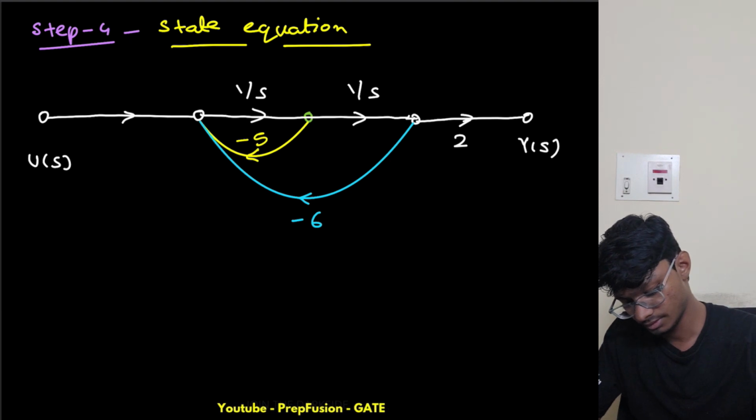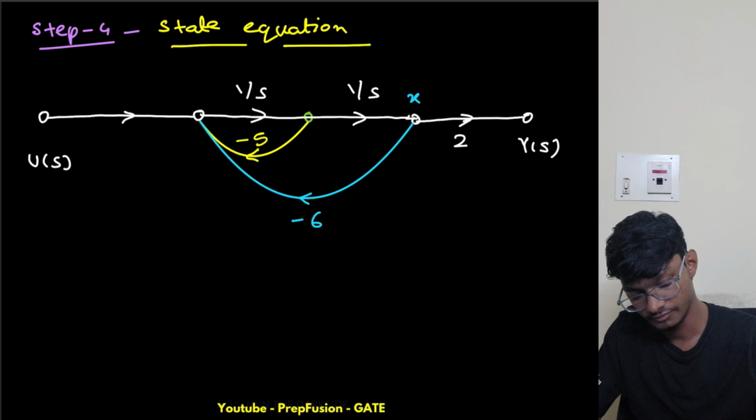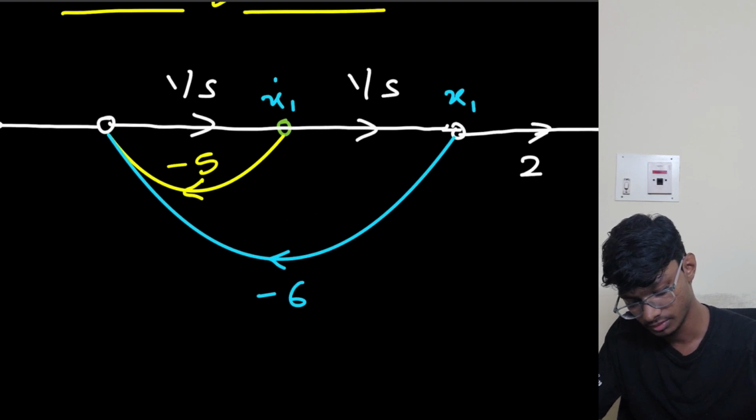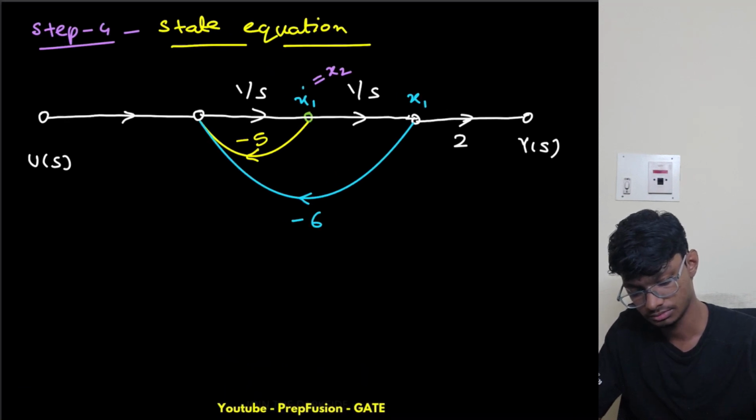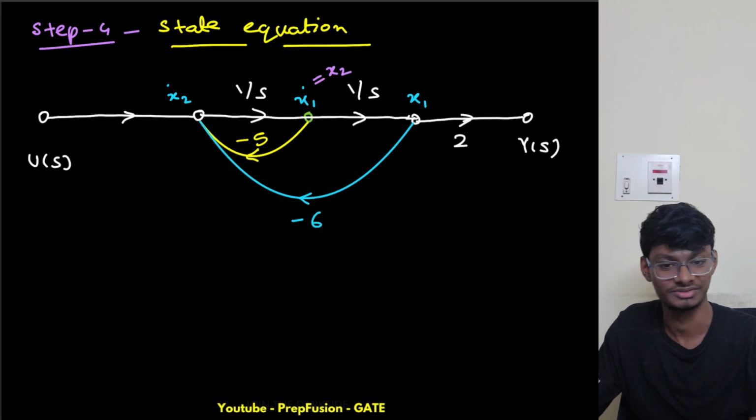Let me assume the state variables like this: this one will be x1 dot, and this will be equal to my x2. And this one is x2 dot, and this will not be equal to anything, this will just be x2 dot.